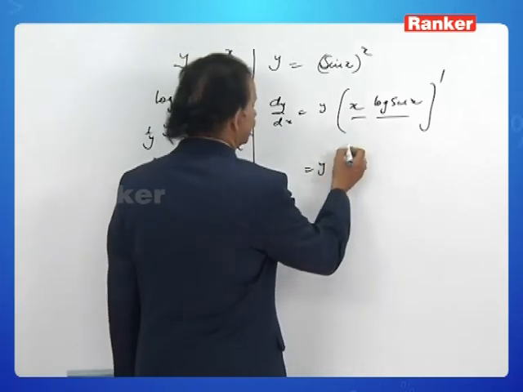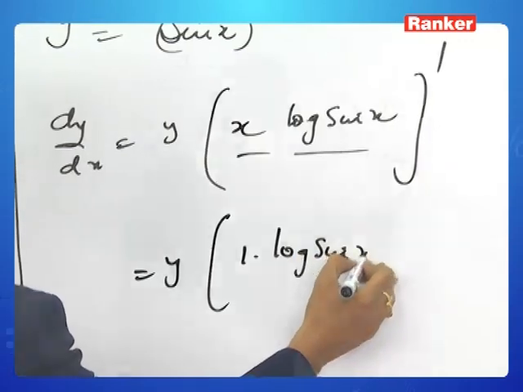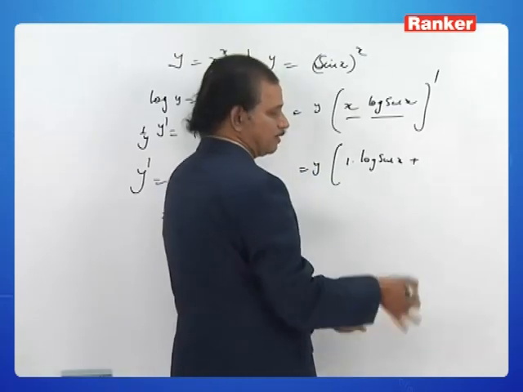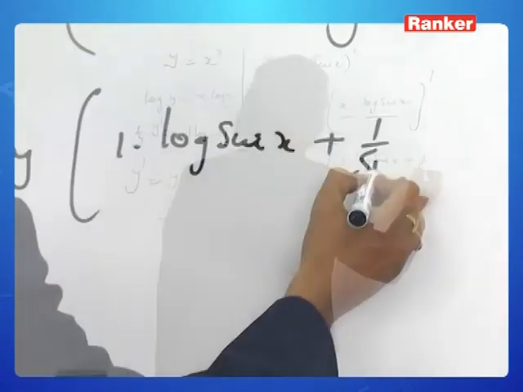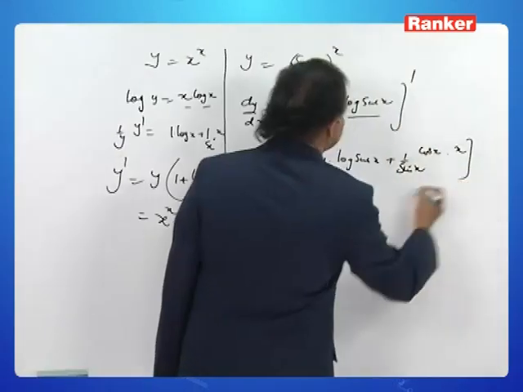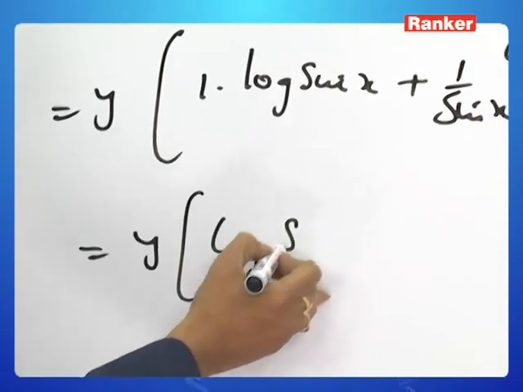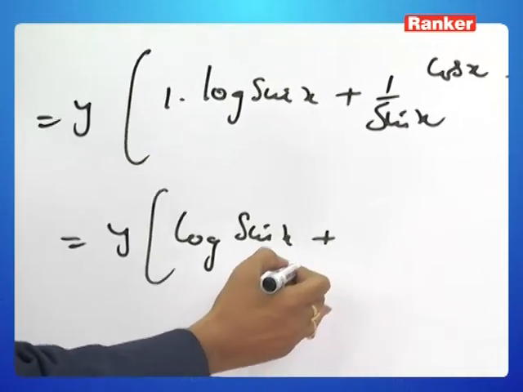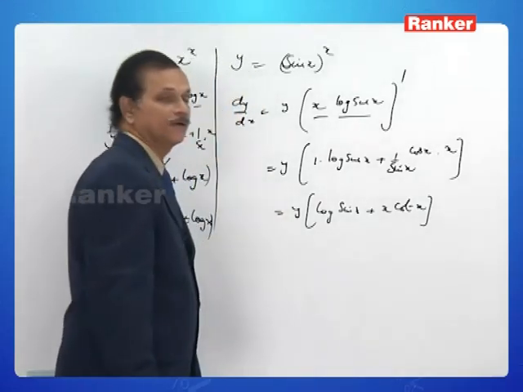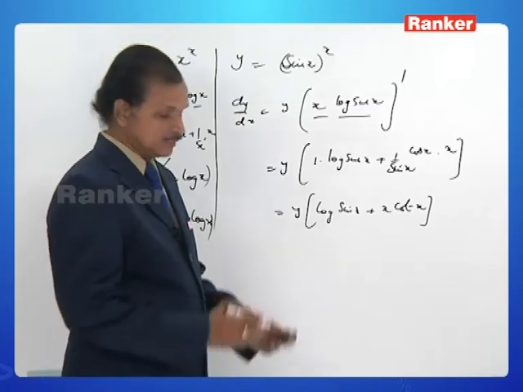It is nothing but y into u derivative into log sin x plus v derivative into u. For log sin x, it is 1 by sin x, and for sin x, it is cos x. Therefore it is y into log sin x plus x cot x. X cot x, that's all. What is y? Sin x whole power x.